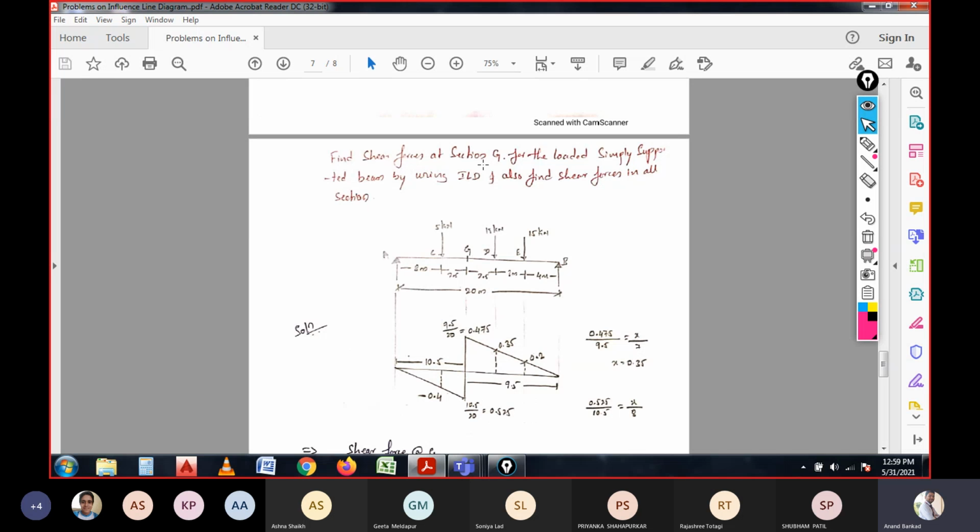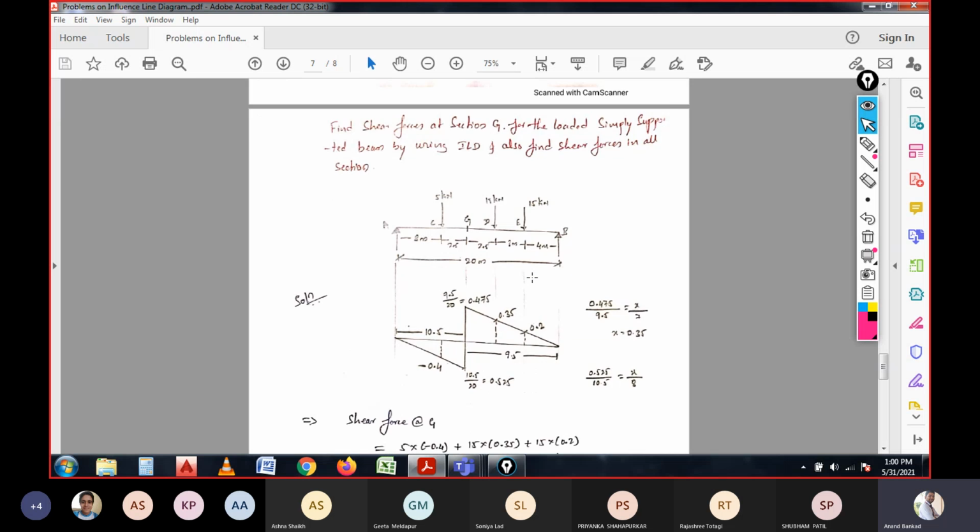Find the shear force at section G for the loaded simply supported beam using the influence line diagram. Also find the shear force in all sections. First we need to find the shear force at point G, and after that we need to calculate the shear force in all the sections. That is what they have asked in the question.